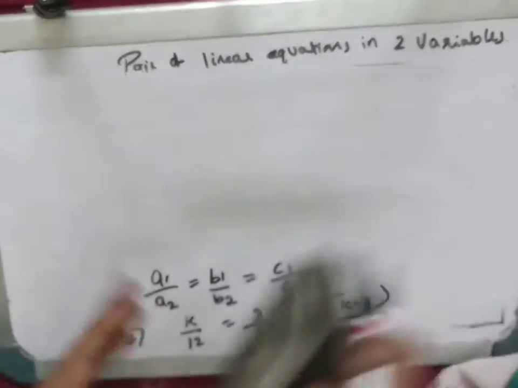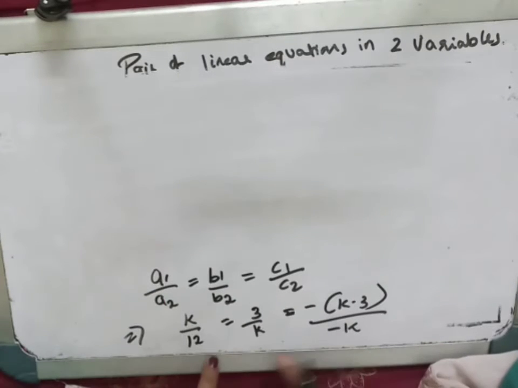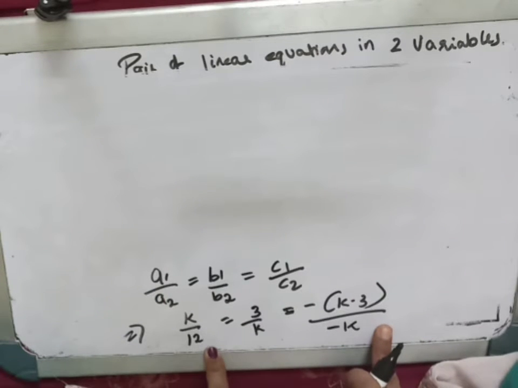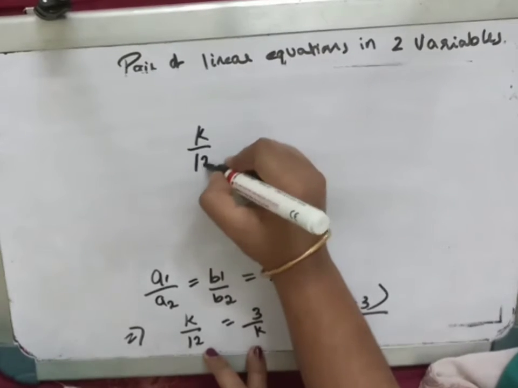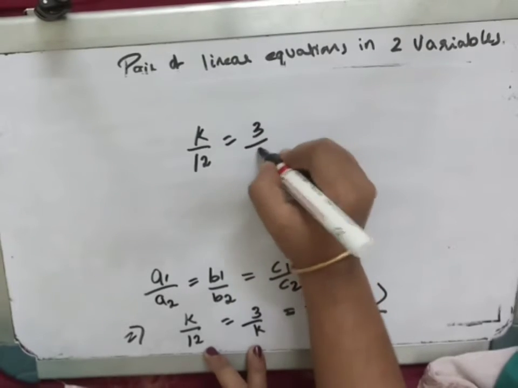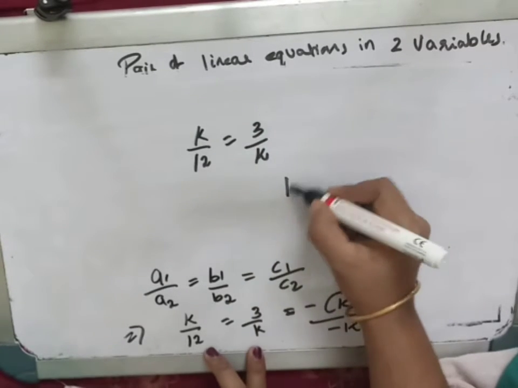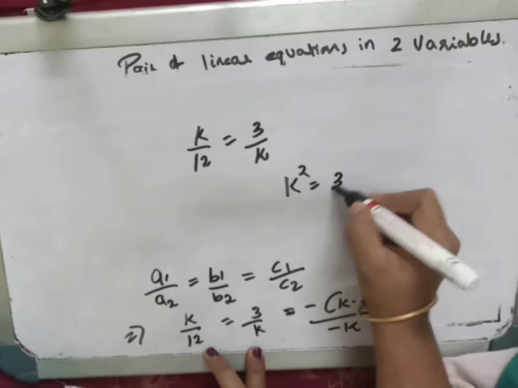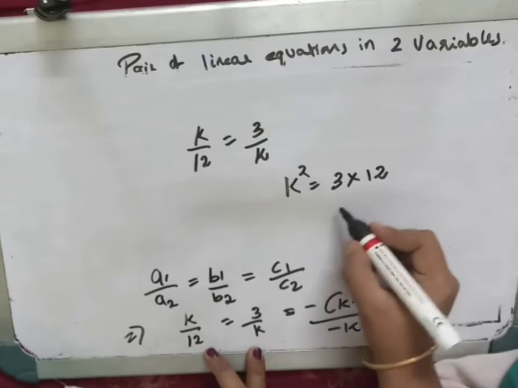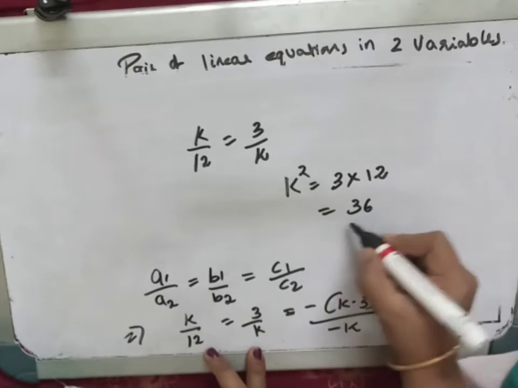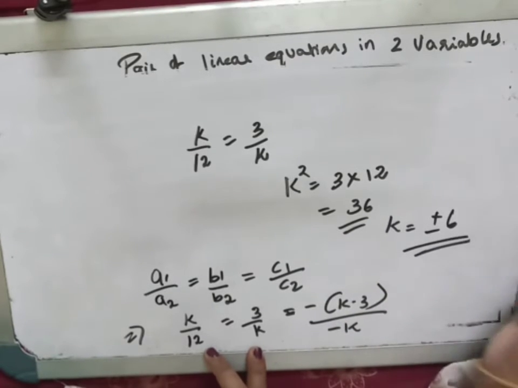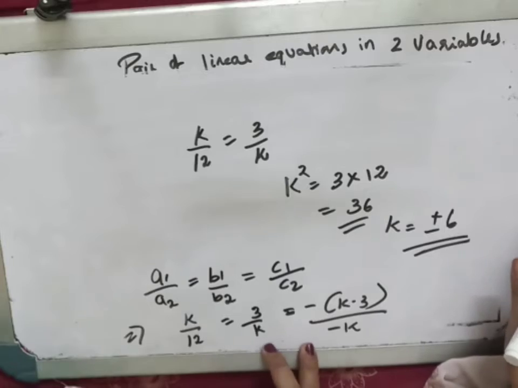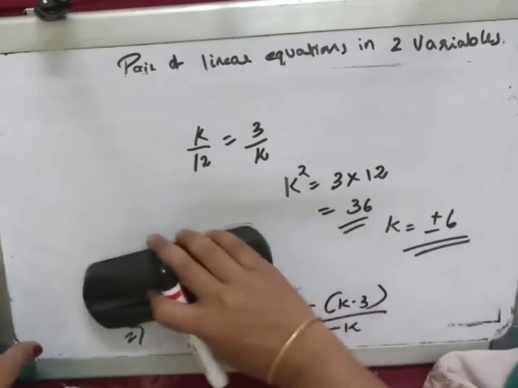Since the coefficients are satisfying this condition, we can equate each pair and find the value of k. So let us take the first two set. k square is equal to 3 into 12, that is 36. So k should be equal to plus or minus 6. Now let us equate the next pair.